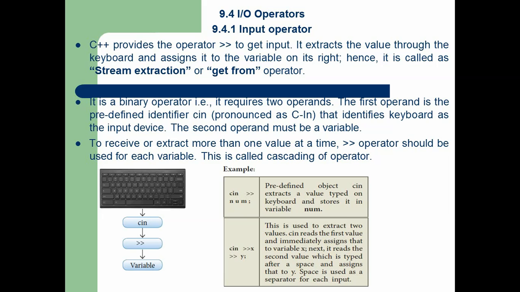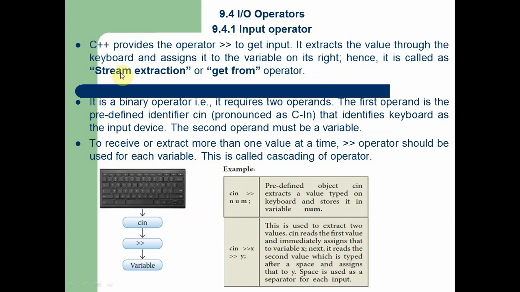C++ provides this input operator to extract the value through the keyboard. This is the symbol of the input operator. This operator is used to extract the value through the keyboard and assign it to the variable on its right, that means the right side of the operator.